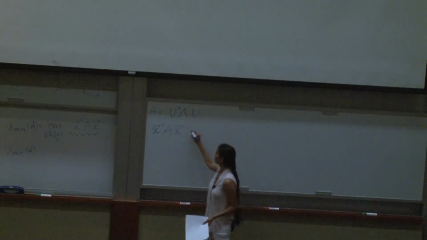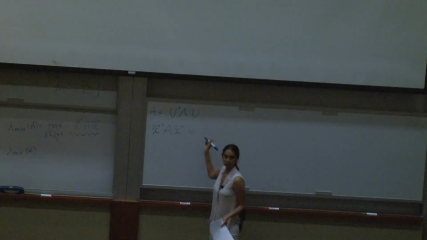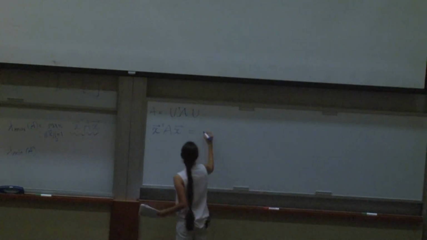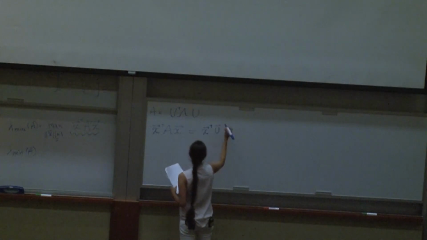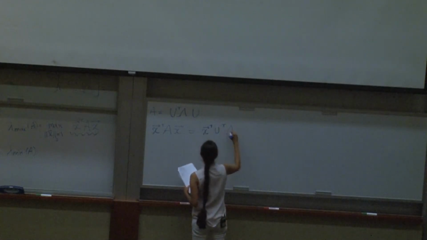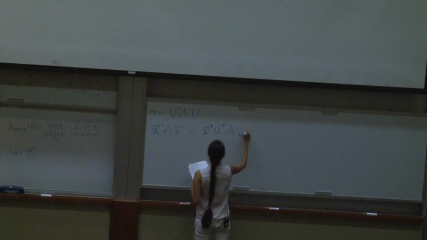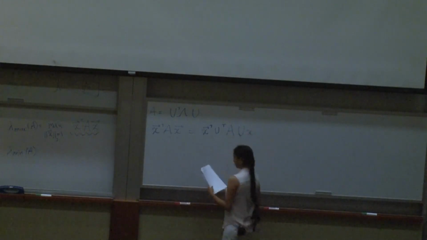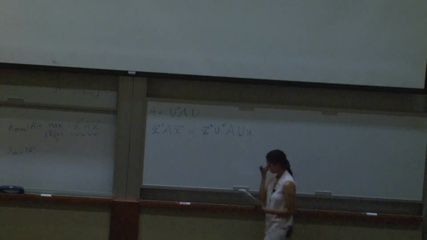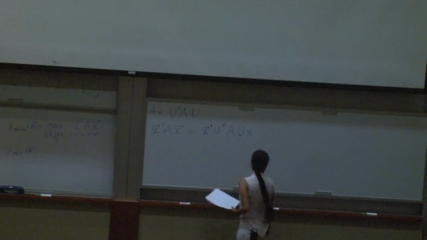So what am I going to do? Substitute. There's basically one thing to do here, not that much variation. So I'm going to write this as X transpose U transpose, sorry, this is a matrix, A U times X. Except I don't want to have an A here.